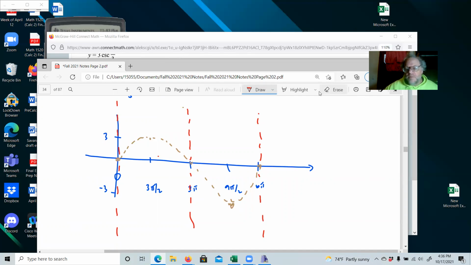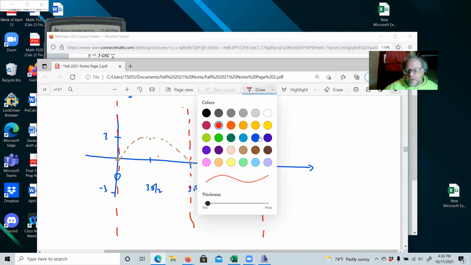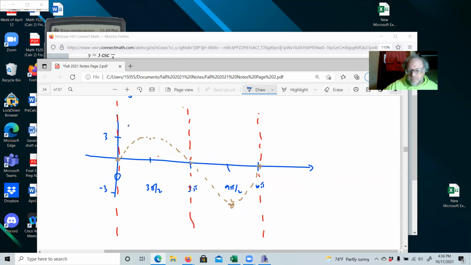When we graph our cosecant, here's my relative min. We crawl up this way, crawl up that way. Here's our relative max. Even though the thing is facing down, this is increasing, and then it is decreasing. The arrows are both pointing down, but we don't care. We read it from left to right. So this one is decreasing, then increasing. That would be my graph.